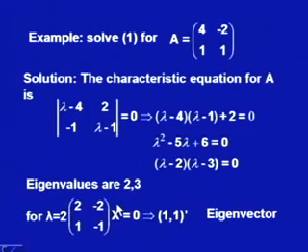From here, for lambda equal to 2, we calculate the eigenvector by solving this equation: (2 minus 2), (1 minus 1), x equal to 0, and one can easily see that one row can be transformed to 0, and the eigenvector will be (1, 1) transpose.